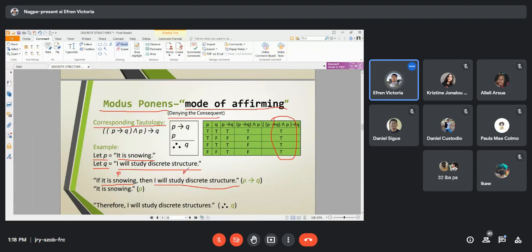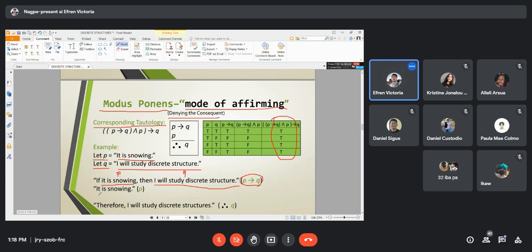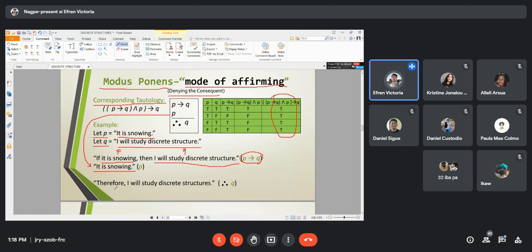This is Q. So ito yung form niya: if P then Q, it is snowing, yung P. So yung conclusion natin, therefore, I will study discrete structure.